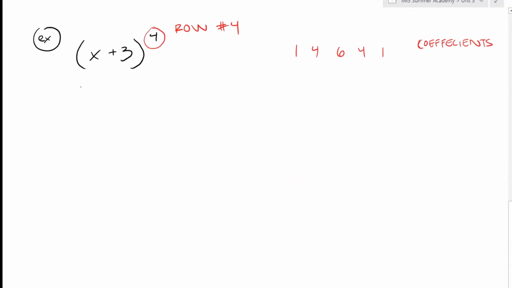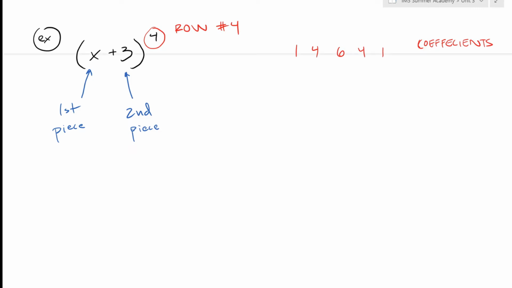Up here, I'm going to always refer to this as the first piece and this as the second piece. So first piece, second piece. All right, and just like I told you, there are going to be 5 terms to this answer. So what we're going to do is write the first and second piece 5 times.